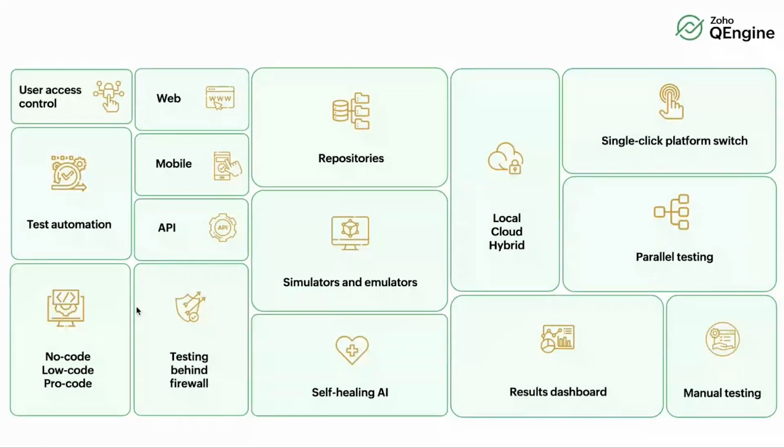Self-healing, wherein you can ensure that if any web application has a broken locator and everything, Self-healing AI helps you with ensuring that the test case is not broken altogether and it works just fine.